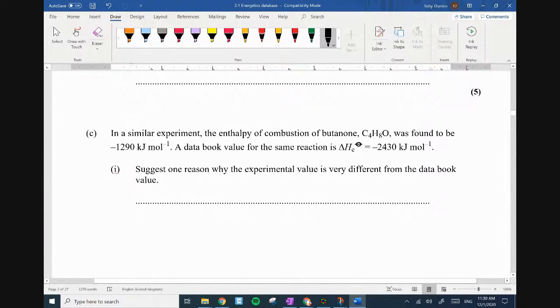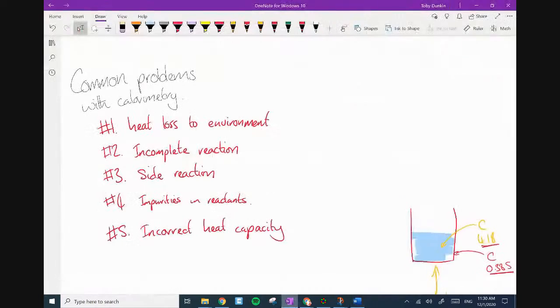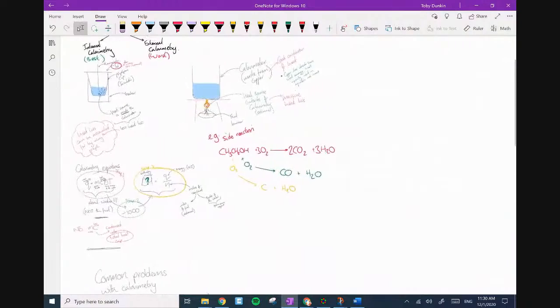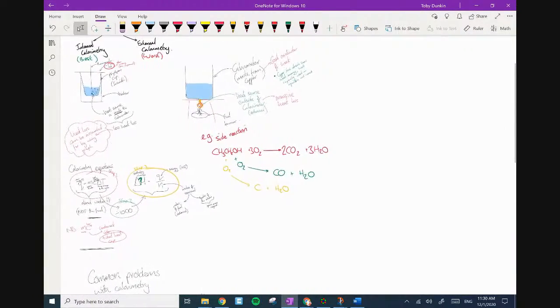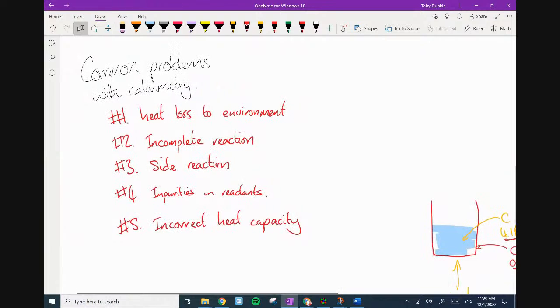Oh, just to mention, by the way, the difference in the data book. The data book is the fact that you can look up enthalpy values. We know that these reactions, these practicals, are poor because of all of these reasons.